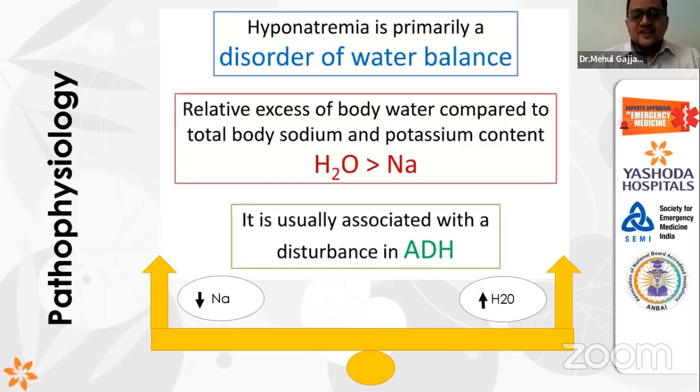So whenever there is imbalance between sodium and H2O, there is hyponatremia. Most of the time, there is relative excess of body water as compared to total body sodium and potassium, which leads to hyponatremia. And most of the time, it is usually associated with a disturbance in secretion of a hormone called antidiuretic hormone.